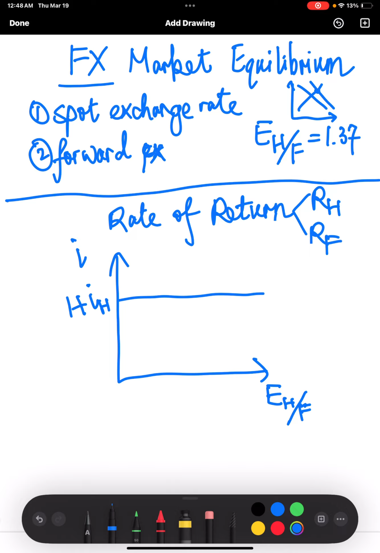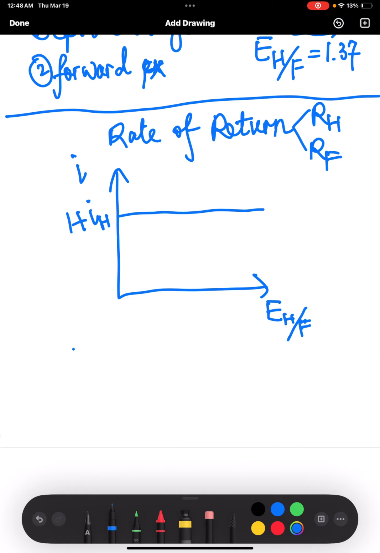But if you rather put your investment in the foreign market, right? Let's say that in the foreign market, the interest rate is iF, right? And then what you would do today is that, firstly, this is $1 of home dollar. So firstly you would exchange it to the foreign currency, right?